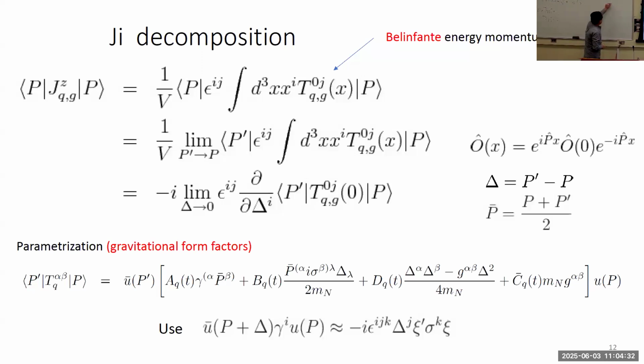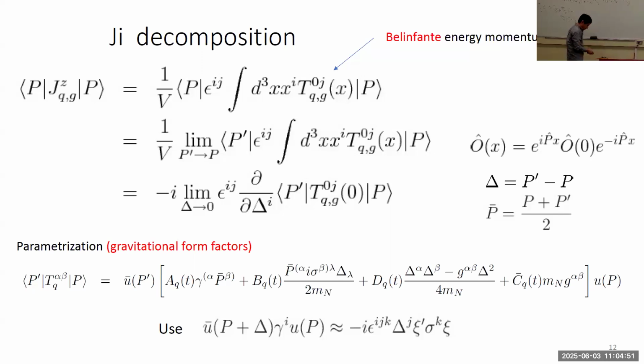So I have something like i delta x, different x, T^{0j} like this.